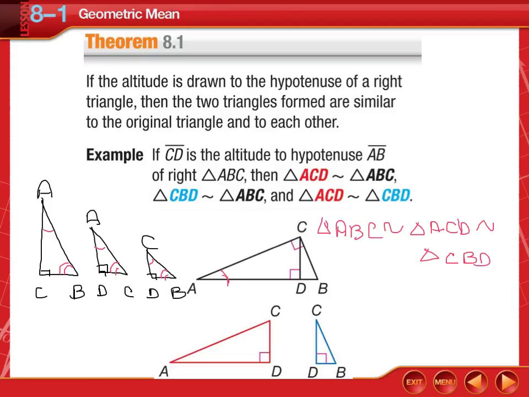Before I leave this chart, I just want to give you some advice on solving these types of proportions, and it's very helpful to split out this type of drawing into three triangles, labeling the triangles for what side lengths you know and have, and then labeling what side lengths are your unknowns and that you're trying to solve.